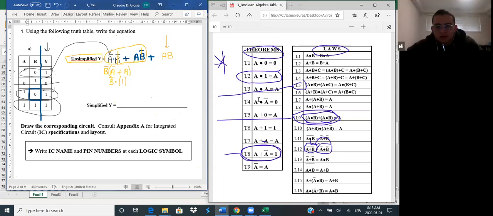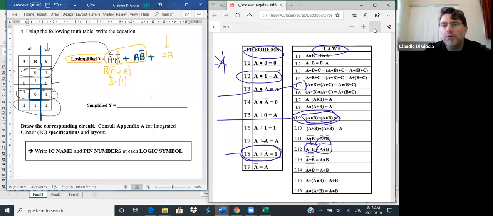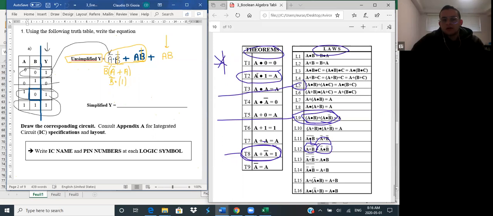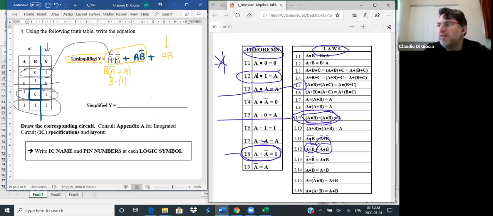It doesn't have to be a naught. Look at T2. Any variable, A, B, C, Z. It can be a variable, Ellie. Doesn't matter. Ellie times 1, it means there's only one of you. This would work for any variable.